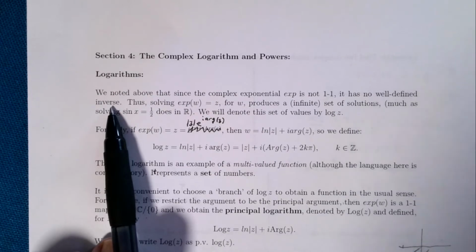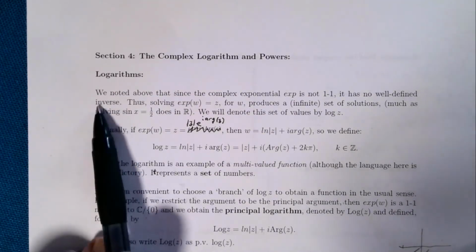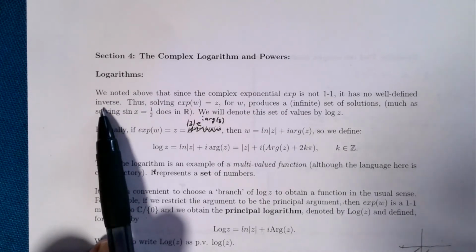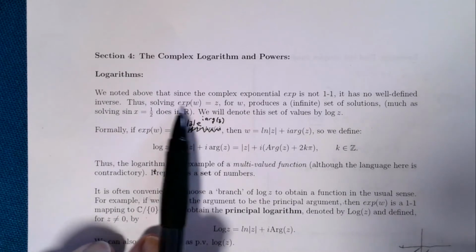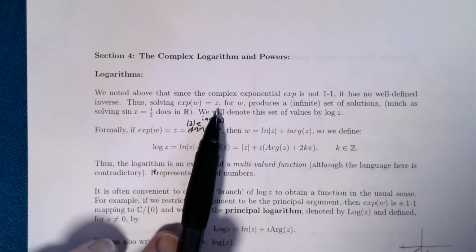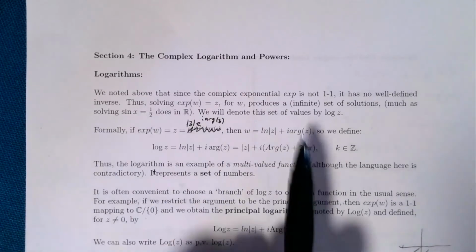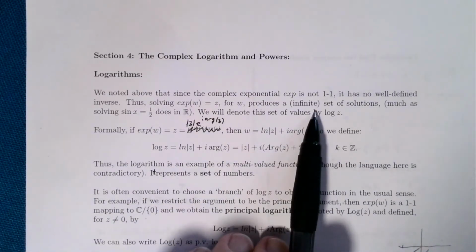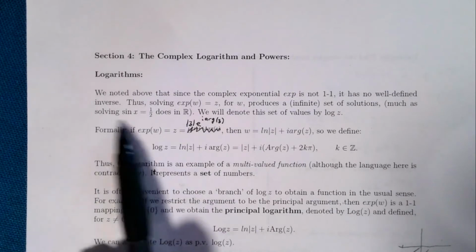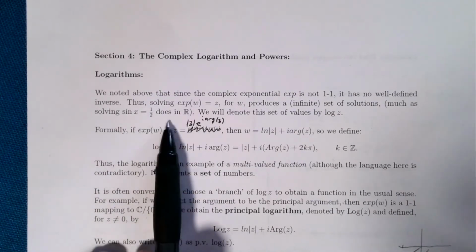And so we had to do various things to try and get an inverse by restricting the domain of these functions. Anyway, solving exp(w) = z for w is going to produce, in fact, an infinite set of solutions, much the same as solving sin x = a half does back in the real world.